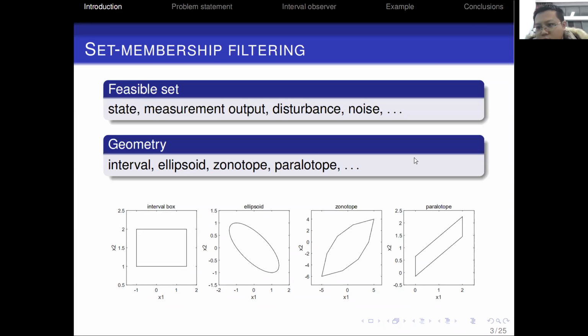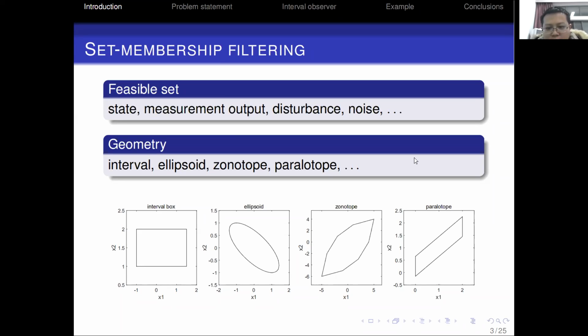In this set membership filtering research field, some feasible set can be obtained to wrap different variables that include state, measurement, output, and disturbance or noise term. Different geometries can make this feasible set, such as interval, ellipsoid, zonotope, parallelotope or orthotope.